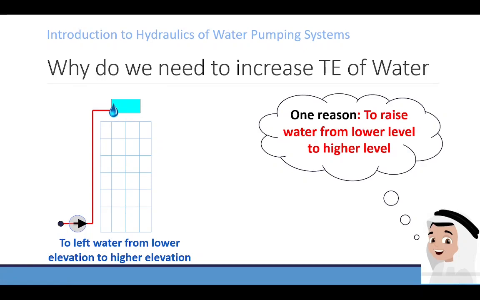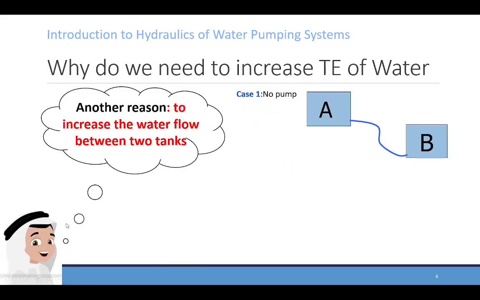The second reason might be, for example, if we have a tank A that is higher than tank B. If we connect tank A and tank B, the water will go from A to B directly through the transmission line without the need of any pumping. Imagine that the flow passing from A to B is, say, 100 liters per second, and this amount is smaller than what I need.